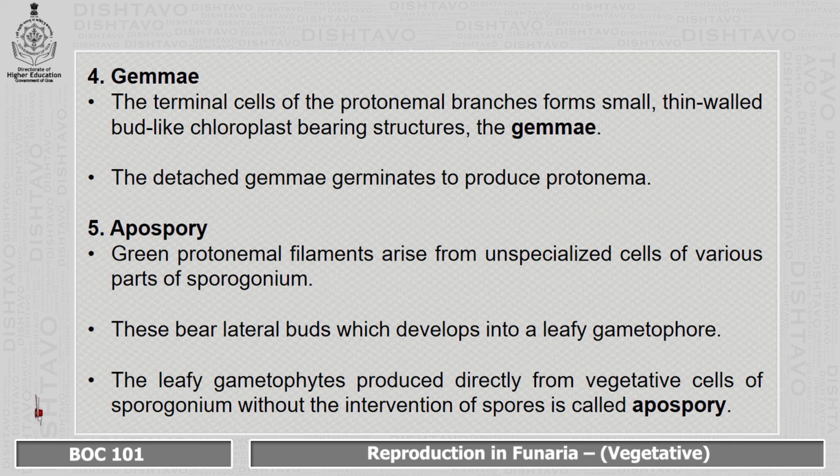Apospory takes place from the unspecialized cells of various parts of the sporogonium, producing lateral buds which develop into leafy gametophores. Leafy gametophores produced directly from the vegetative cells of the sporogonium, where there is no intervention of spores, is known as apospory.